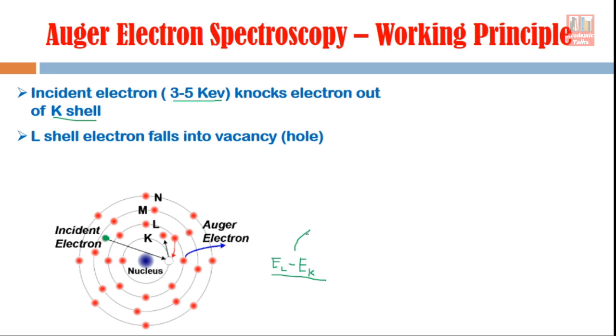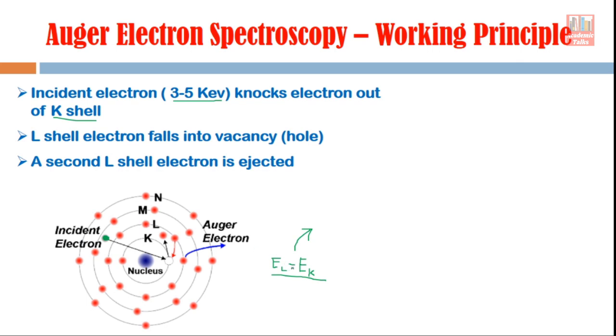So this energy which comes out during this transition is very helpful, and this energy removes another electron from the L shell. So one electron from the L shell has gone to the lower K level to fill this vacancy, but during this transition this much energy has come out, and this energy is used to eject one electron from the L shell.